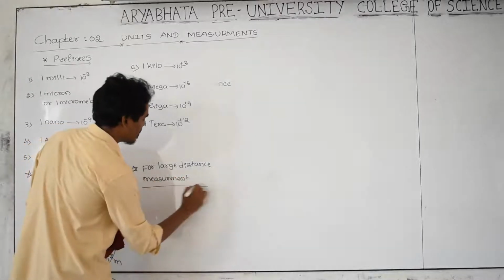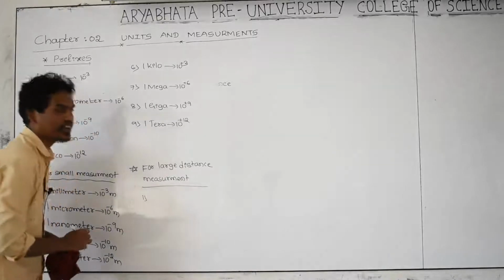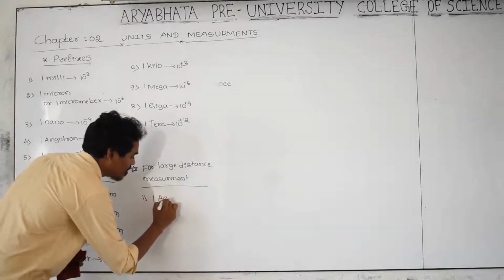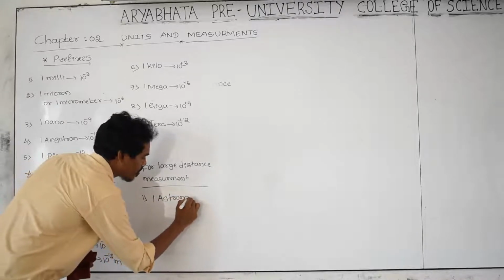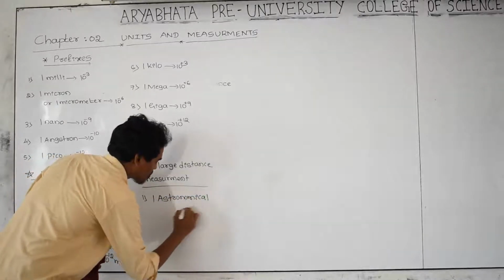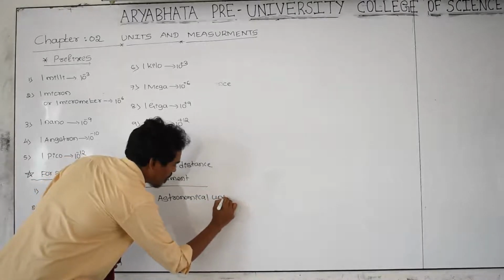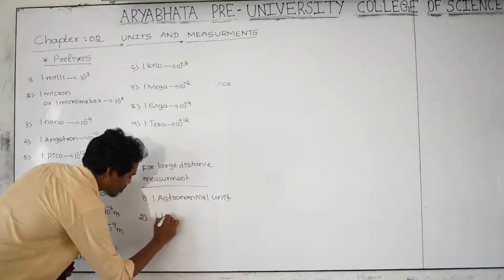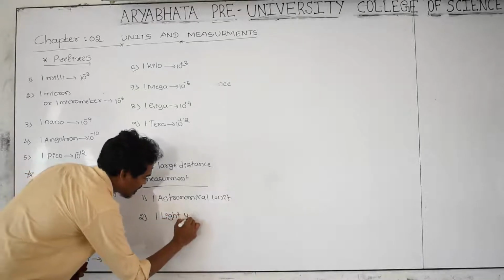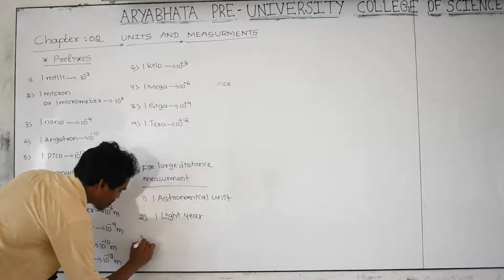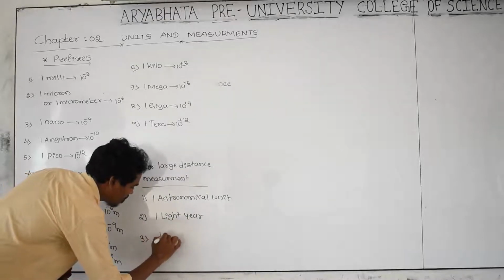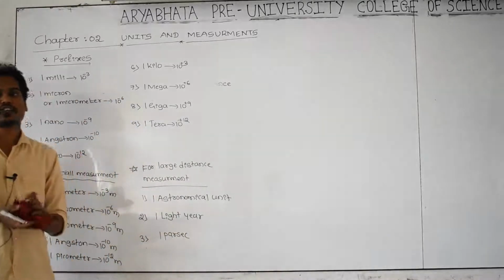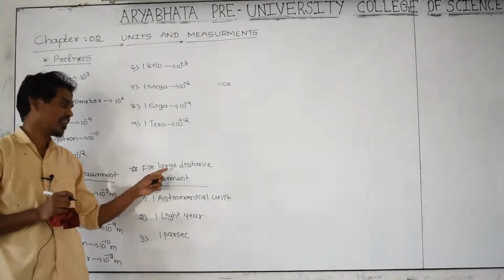The first one is 1 astronomical unit, the second one is 1 light year, and the third one is 1 parsec. These are all the units we are going to use for the measurement of very large distance.